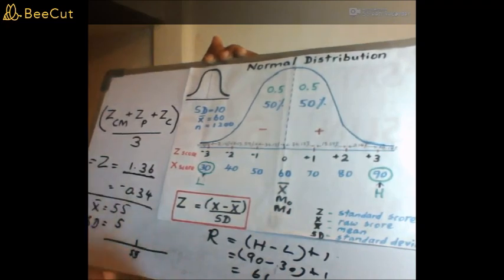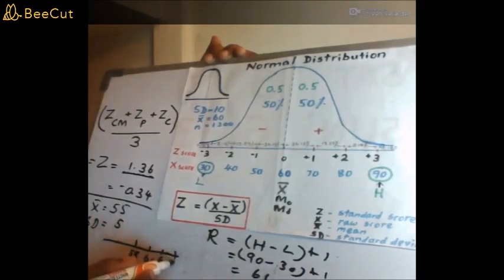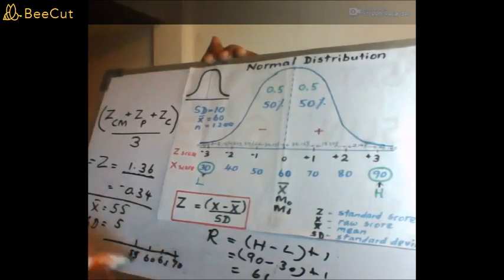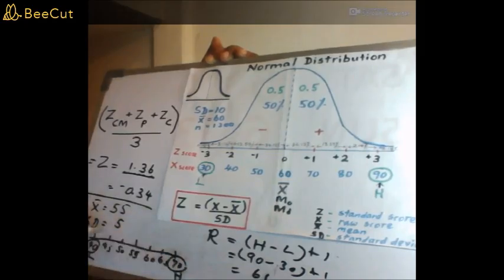So 3 standard deviations: 55, 60, 65, this one 70. Then this side 50, 45, 40. This is the lowest, this is the highest. So highest minus lowest, that's 30 plus 1, 31. That's right. Quickly we have to do.